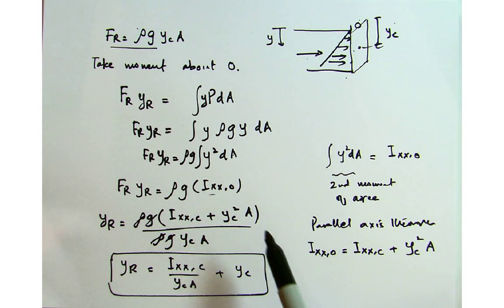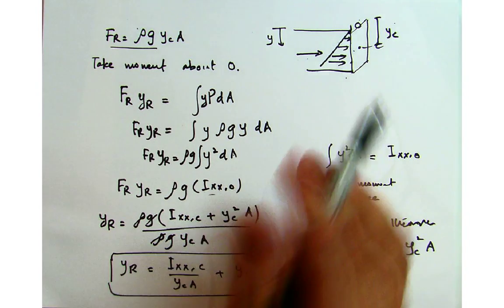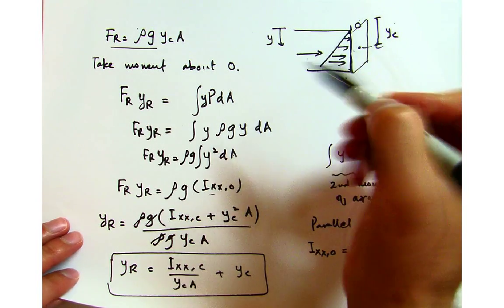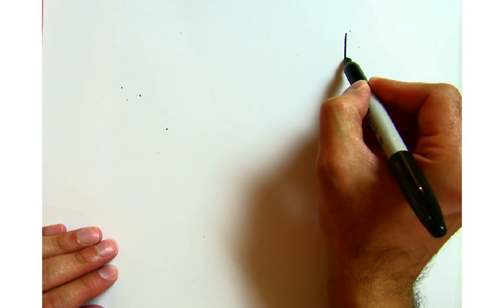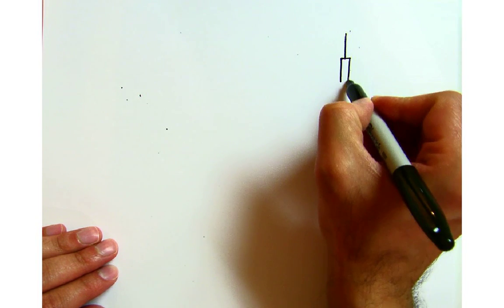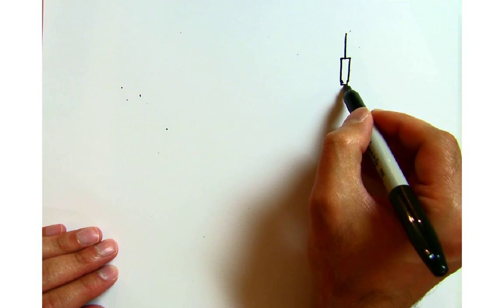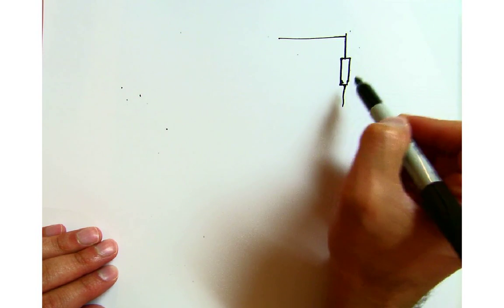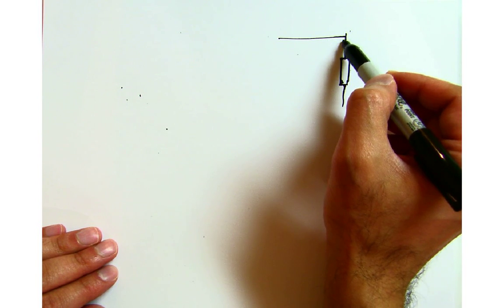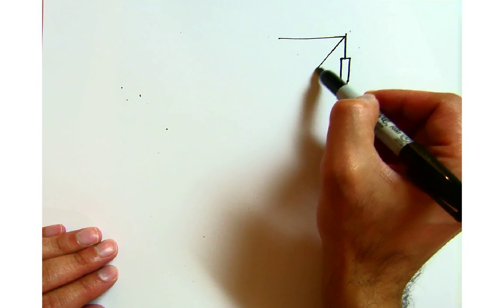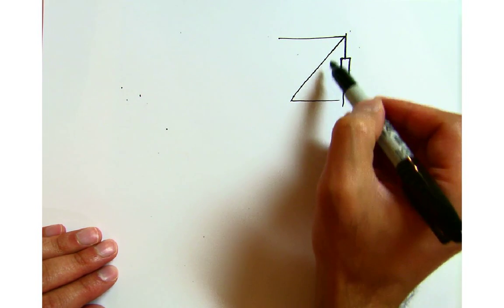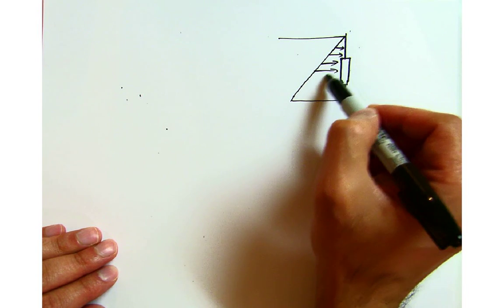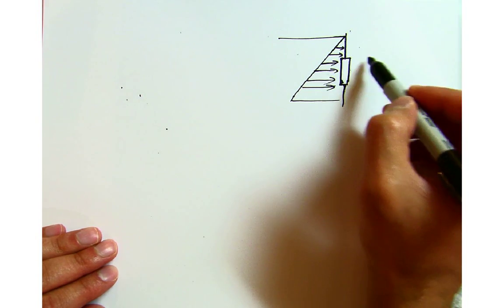Alright, so this is the case when you have a full wall. But what if you have a case where you have some wall and then a gate or some plate, and you are trying to find the pressure on this gate? We still have this pressure linearly increasing, and I can look at it from this side.